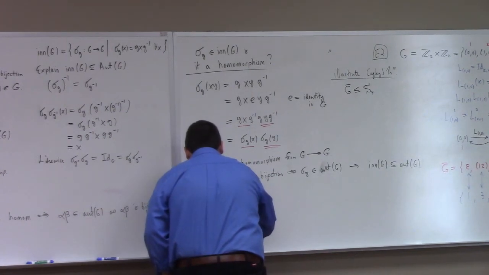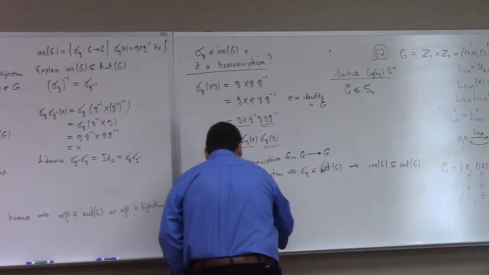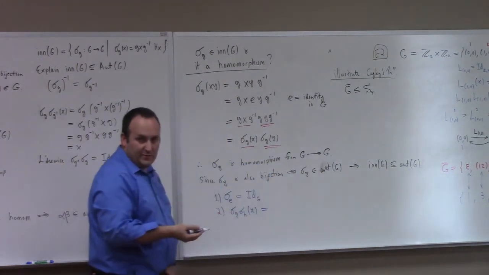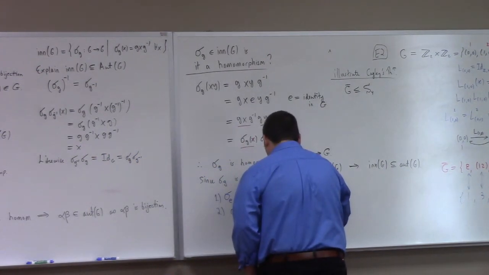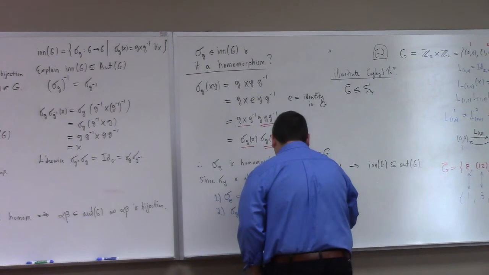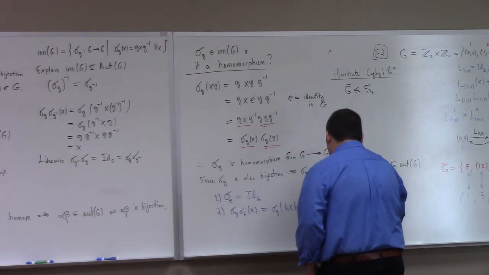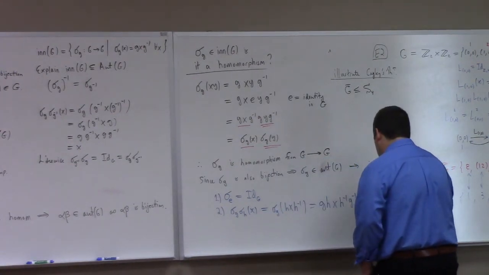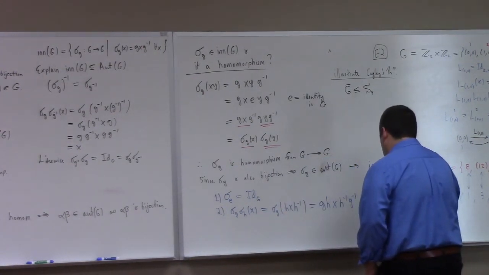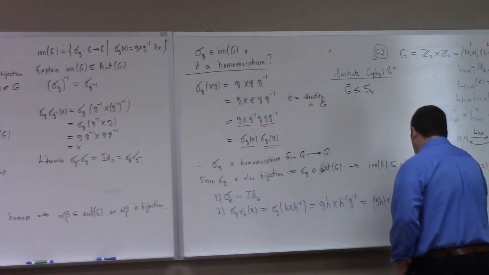Point number 2, if we look at sigma G, sigma H of X, what do we get? Let's just work it out. That is sigma G of H X H inverse, which is G H X H inverse G inverse. Socks and shoes for the win. That's G H X (G H) inverse, right?